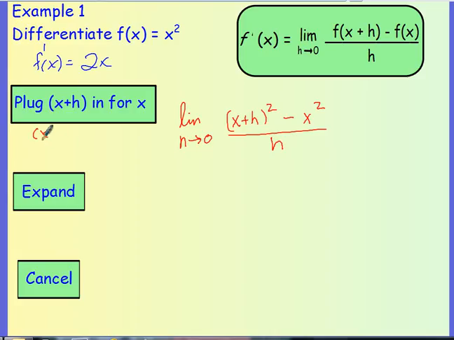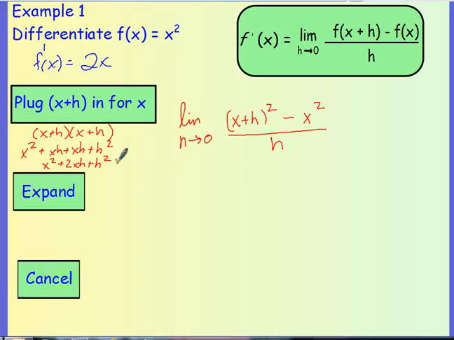x plus h times x plus h is what? x squared plus xh plus xh plus h squared. Does everybody agree that this is just going to be x squared plus 2xh plus h squared?